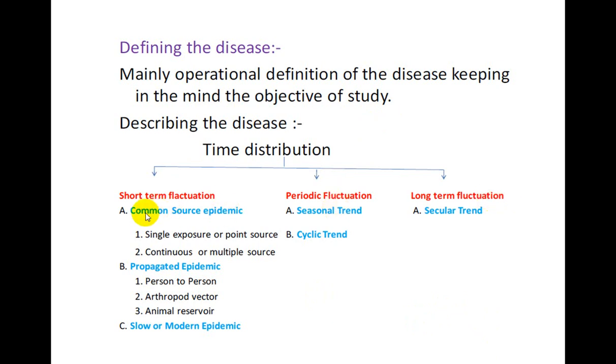Short-term fluctuation: common source epidemic, single exposure or point source, continuous or multiple source. Periodic: seasonal trend or cyclic trend. Long-term fluctuation: secular trend. Short-term fluctuation: A, common source epidemic. Number 2, propagated epidemic: person to person, arthropod vector, animal reservoirs, and C, slow or modern epidemic.